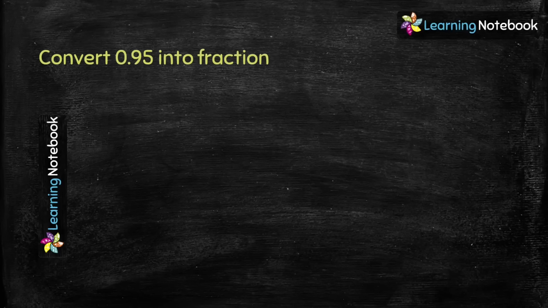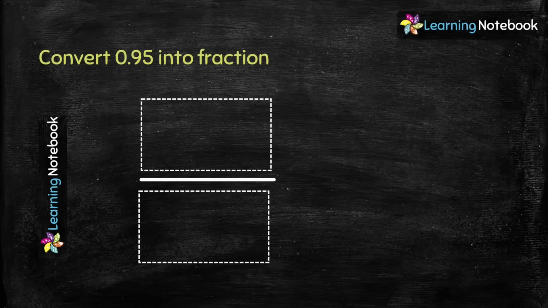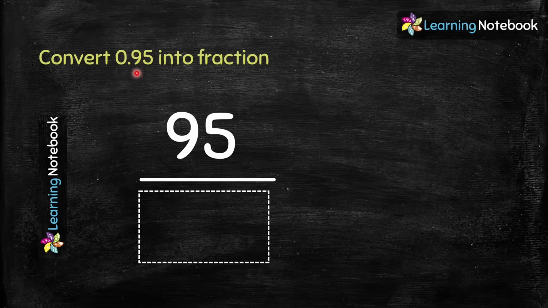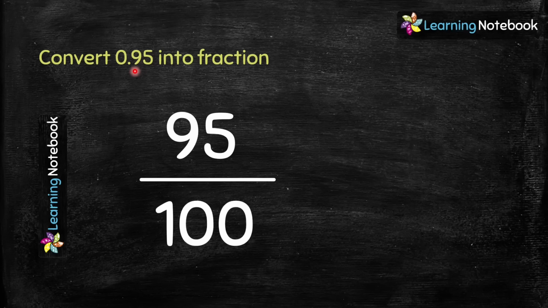Let's do another question. Convert 0.95 into a fraction. So here first let's write the numerator, which is 95. Now this decimal number has two decimal places, so the denominator will be 100. So we have got the fraction as 95 by 100.